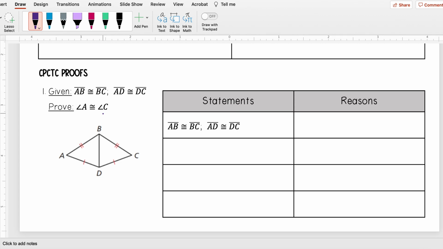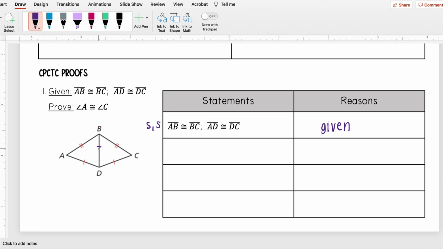So looking at this first one, I'm given that AB is congruent to BC and AD is congruent to DC. And so I see those already marked here. So in this step, I was given two sides. And then looking at this triangle, I see they both share a side. They both share this side BD.